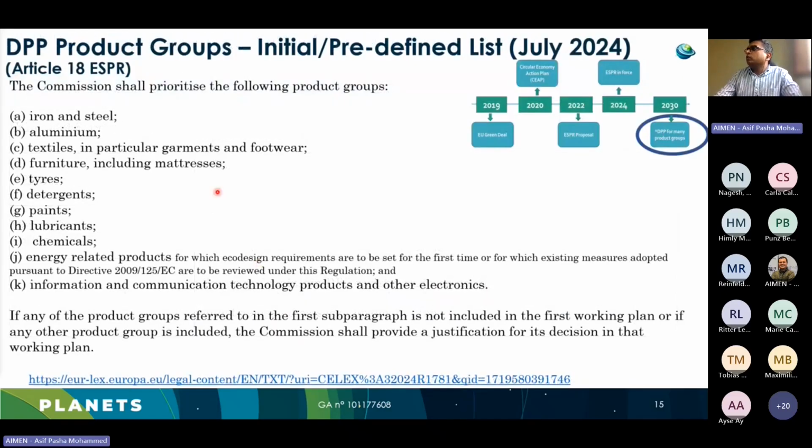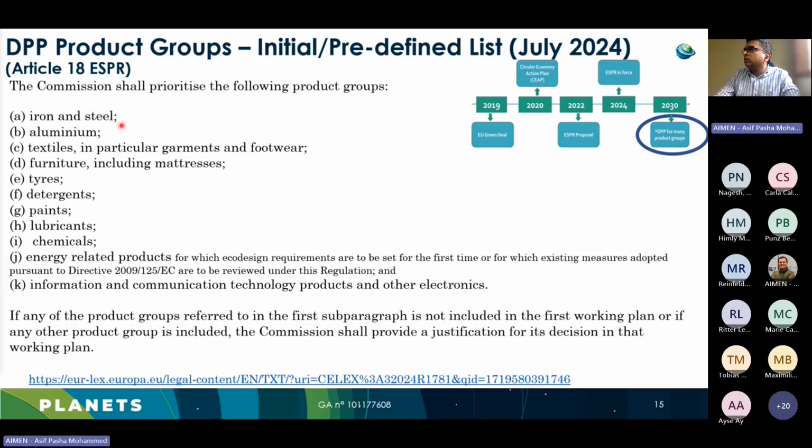So what are the product groups that should be included in the ESPR? As of July 2024, there were 10 of these that were included, and that was planned to be prioritized. But there is an update in mid-April last month. The list has been changed. But just for the information, I put here the ones that were predefined in July 2024.